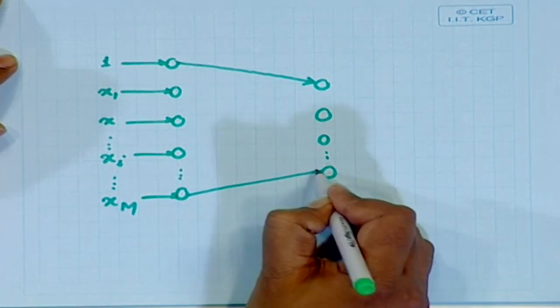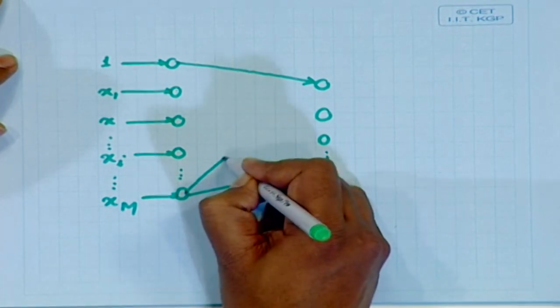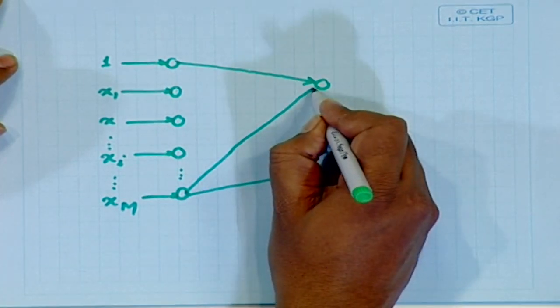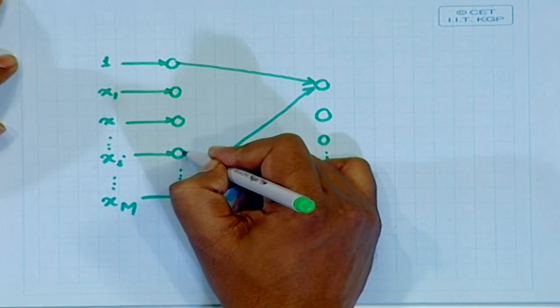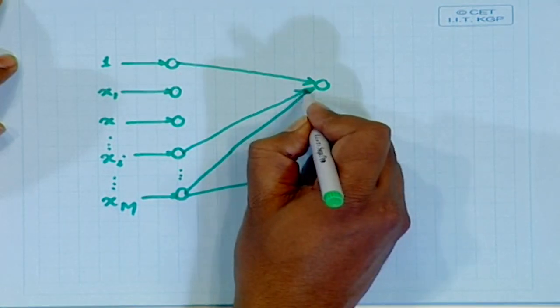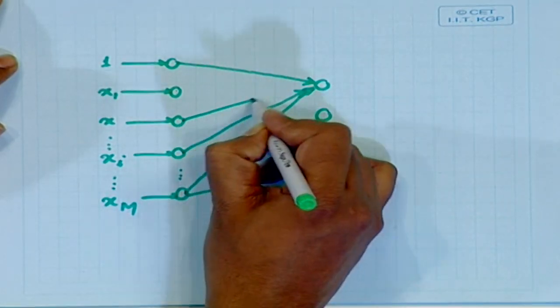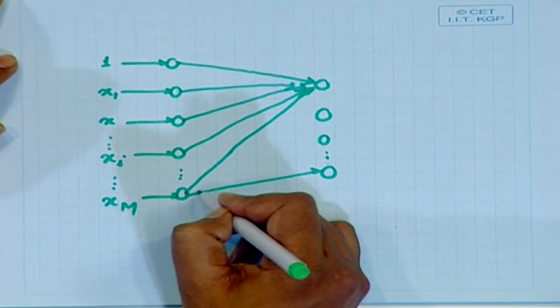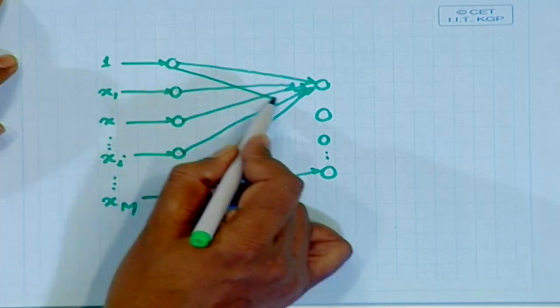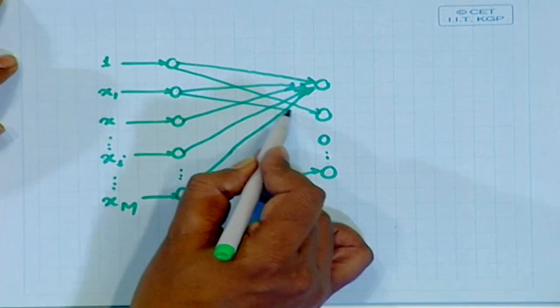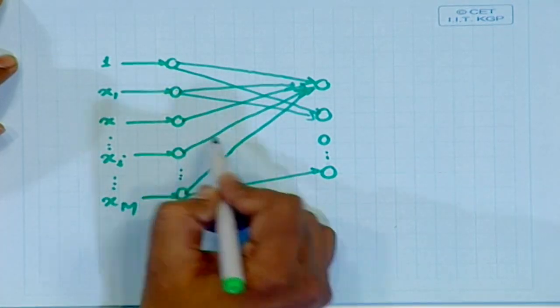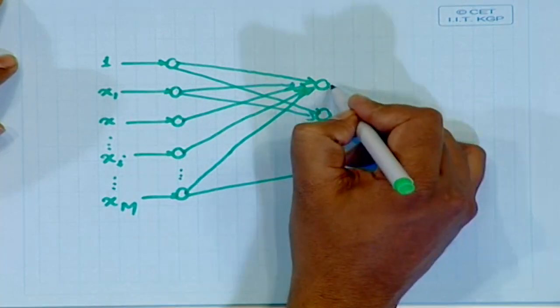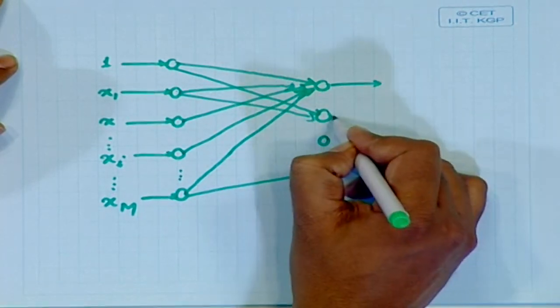I have the connections from outputs of each of the input layer neurons to the input of every neuron of the output layer. So, I have connections like this. It continues like this, and these are my outputs.